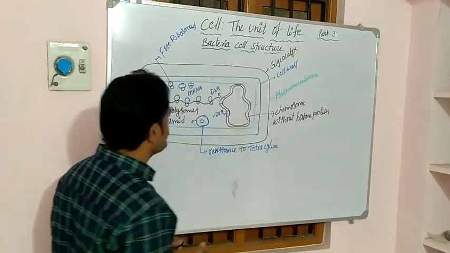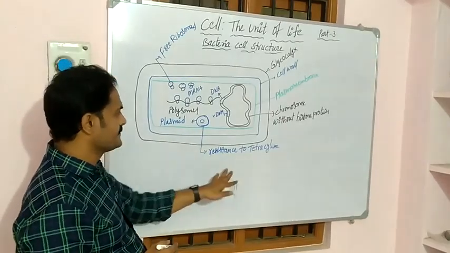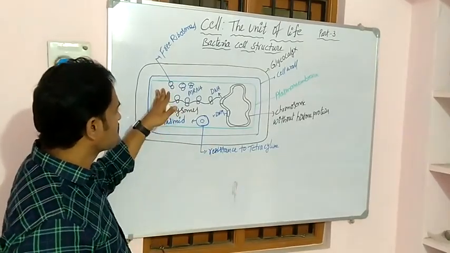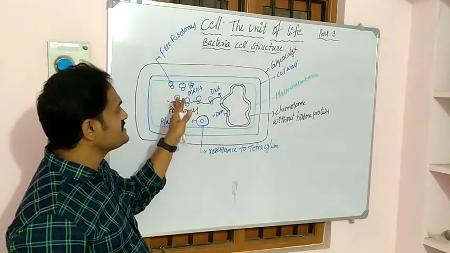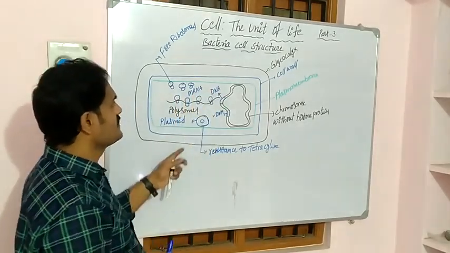Remember, so it is resistant to tetracycline. So these are the structures which are present inside the plasma membrane in the prokaryotic cell or bacteria cell.